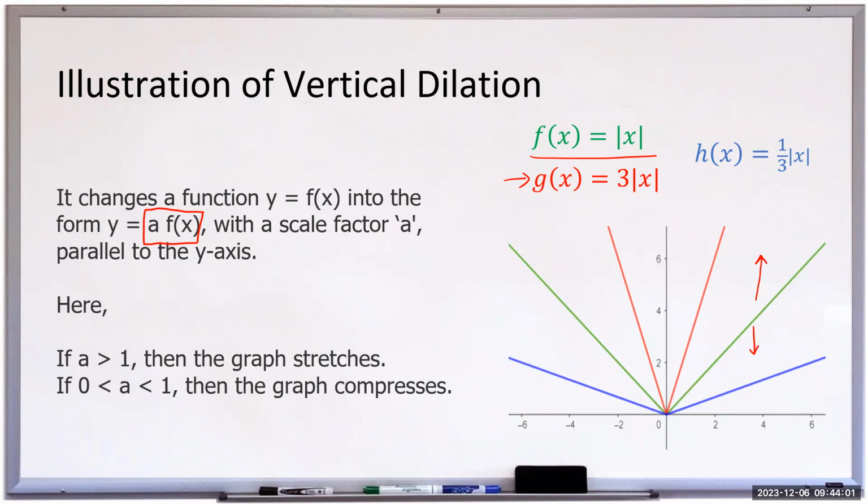So we elongate our parent function in the y direction. That's why it became like this. And if we want to compress the function vertically, take note of the change in direction. So when it's like this, we are compressing it. Therefore, we arrive at the blue graph.